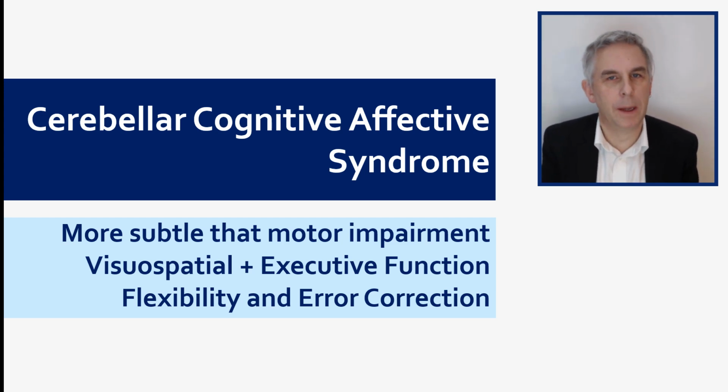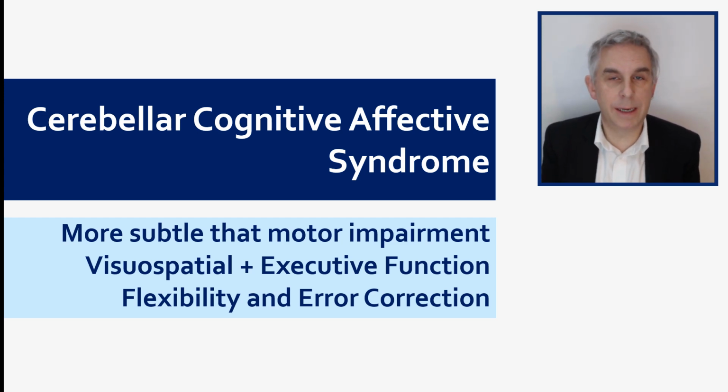and error correction. If you think back to what I told you right at the beginning, what the cerebellum does in motor function is, as simply as I can make it, correcting for errors and predicting future activities. It's reasonable to assume that some of the cognitive problems that arise from cerebellar damage come from a similar basic mechanism.